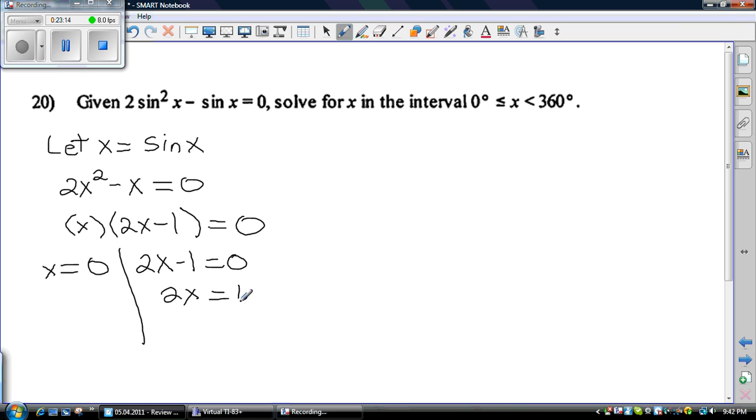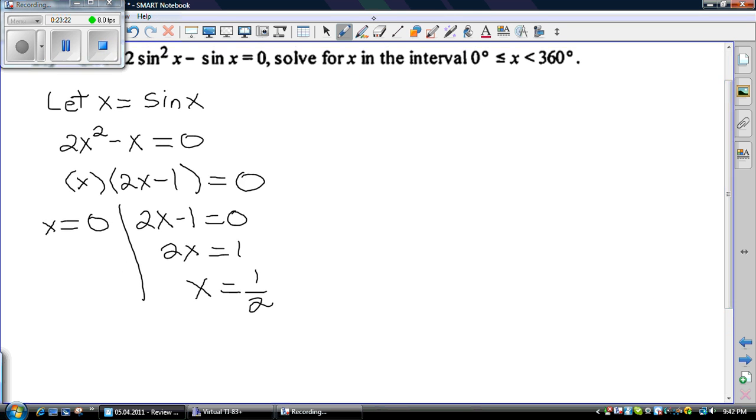I'm going to add 1 to both sides. 2x equals 1. X equals 1 half. All right. Now I'm going to sub back in. So sine of x equals 0, and sine of x is going to be equal to 1 half.